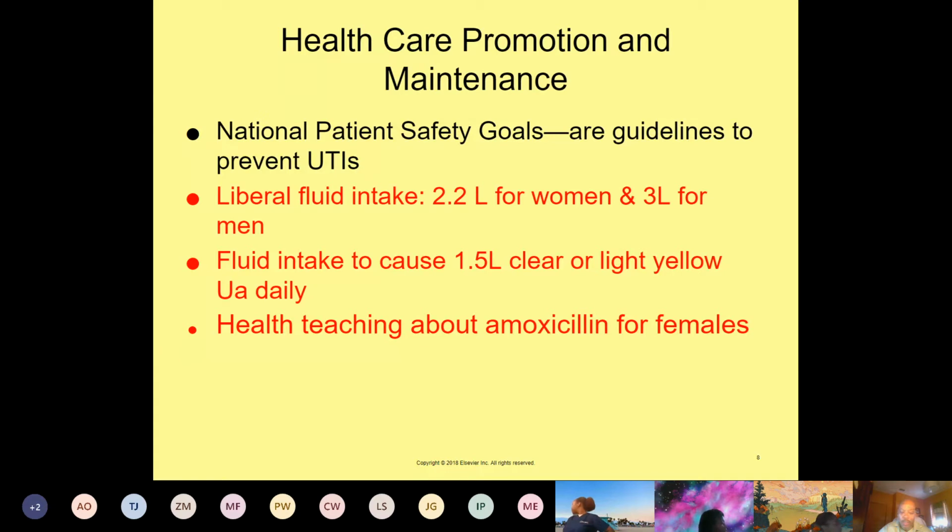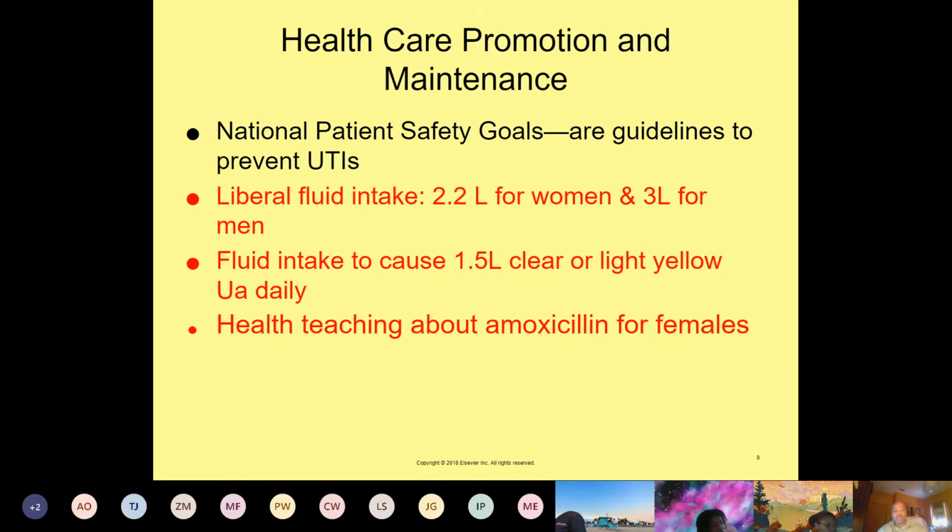Also for women, avoid using or wearing irritating substances such as douches, scented lubricants for intercourse, bubble bath, tight-fitting underwear, scented toilet tissue. Instead, wear loose-fitting cotton underwear.